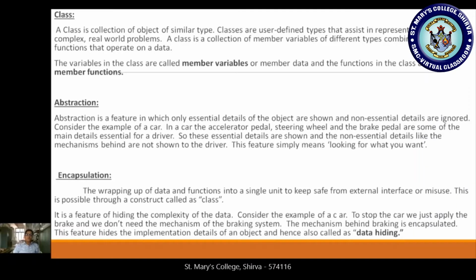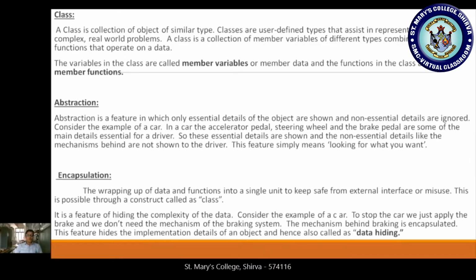A class is a collection of member variables of different types combined with functions that operate on the data. So what does a class possess? A class possesses data members and member functions. Based on these data members and member functions, we are operating some task on that data.